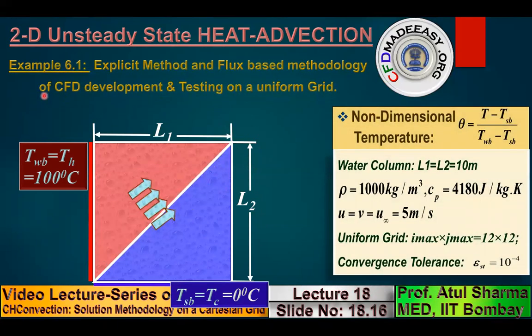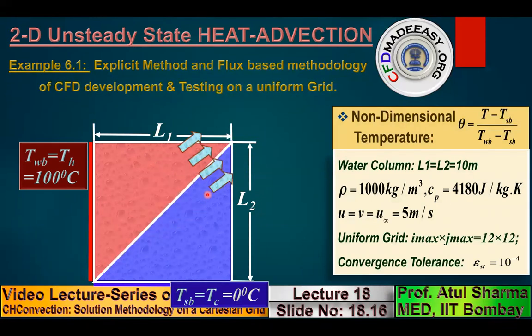This is the example problem corresponding to example 6.1 in chapter 6 on computational heat advection. This corresponded to the explicit method and flux-based solution methodology of CFD development, testing on a uniform grid.